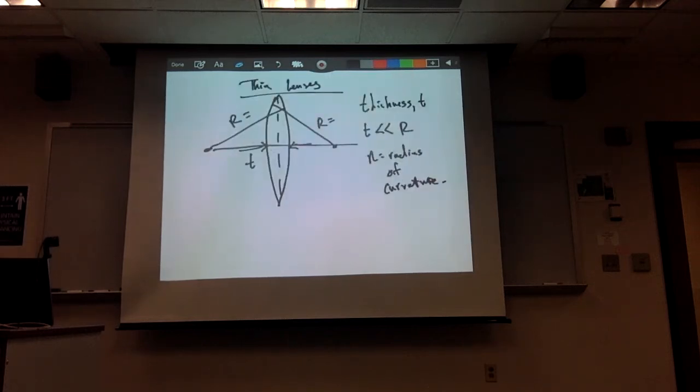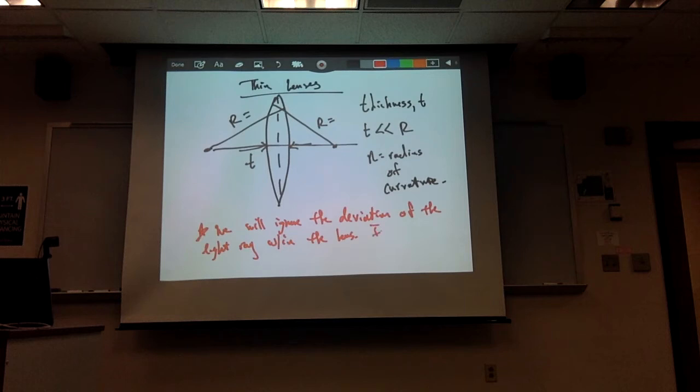So in this case, when we look at thin lenses, we will ignore the deviation of the light ray within the lens. Which means we're going to ignore Snell's law.